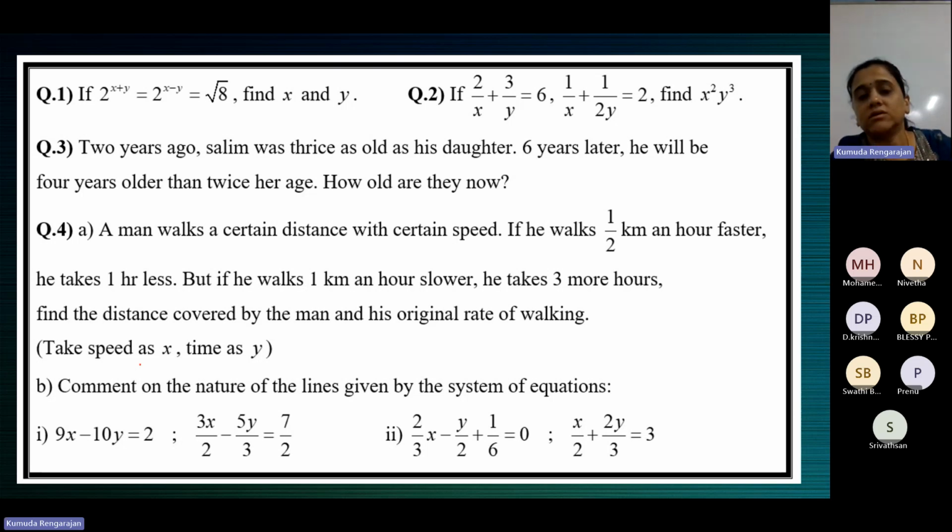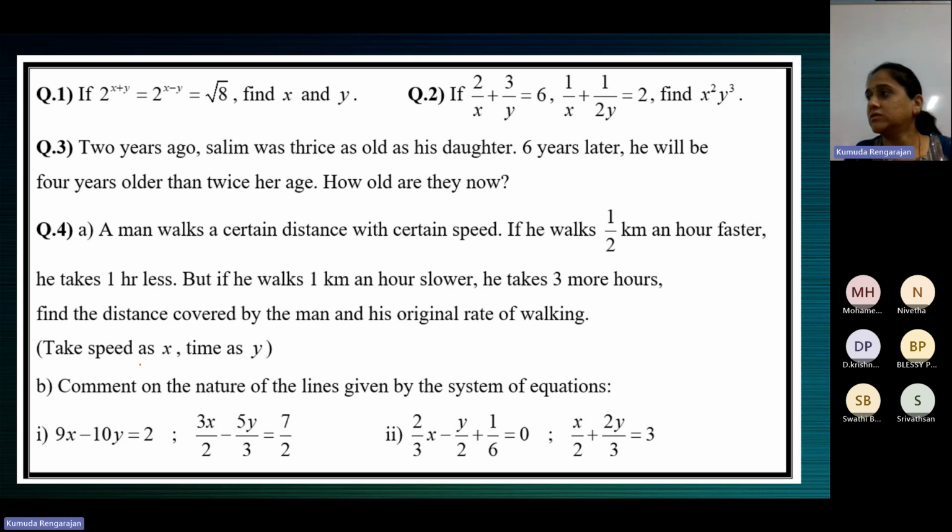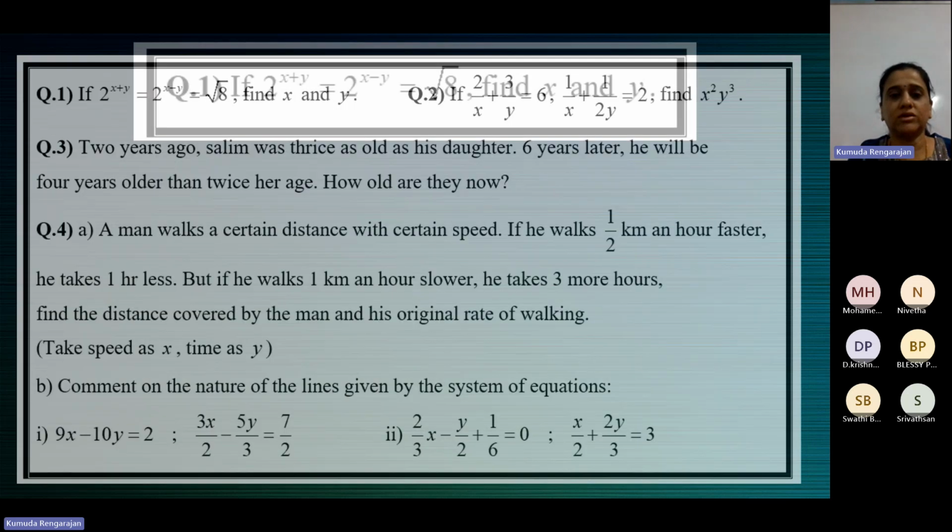Online children, constructed the equations for the third one? Yes, ma'am. Keshav, Hari, girls behind, done, ready with the equations? Girls here, ready with the equations? Working on it, okay.